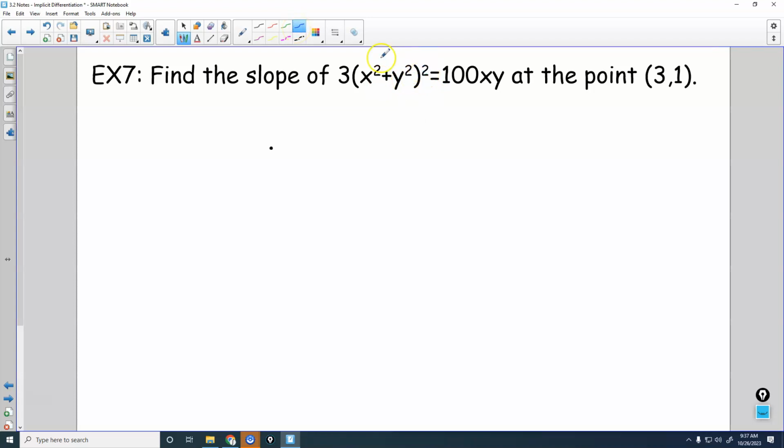All right, so if I take the derivative on the left side, what have I got to use? Not product on the left side. Chain: 6 times x squared plus y squared to the first power times the derivative of the inside, which is 2x plus 2y dy dx.